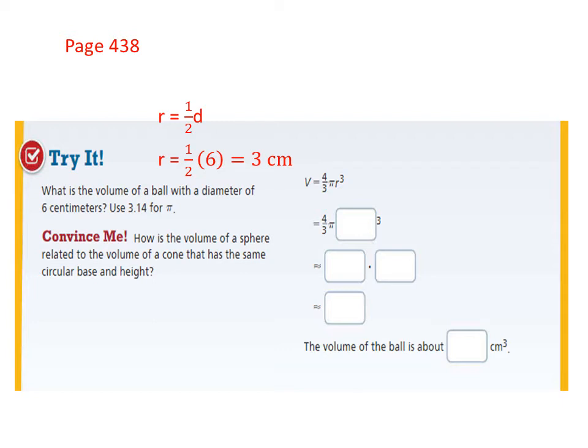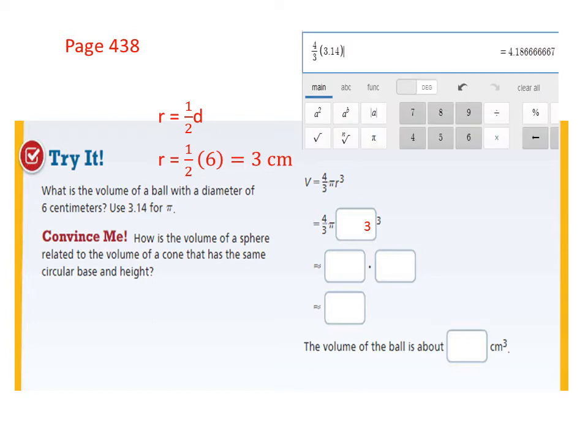Now complete. Of course the volume of a sphere equals 4/3 pi r cubed. So it's equal to 4/3 pi times r cubed. We know the value of r now. It's 3. Continue now. Multiply 4/3 times pi and use 3.14 for pi. Use your calculator. Yes. The answer is about 4.1867.